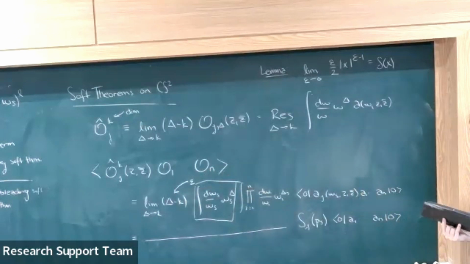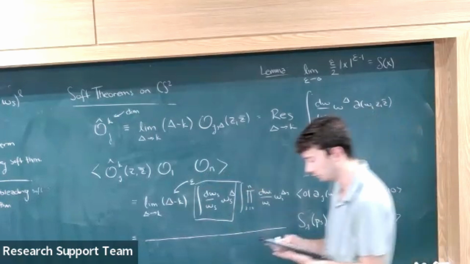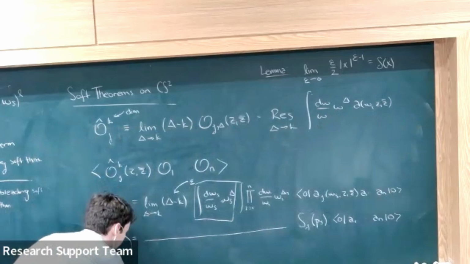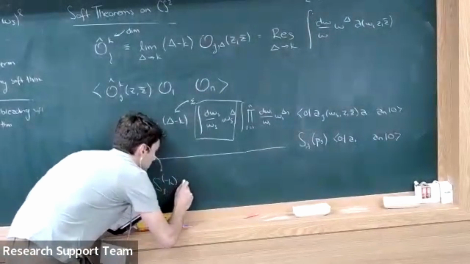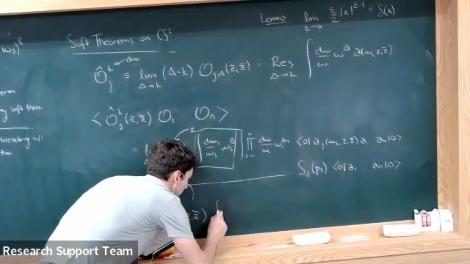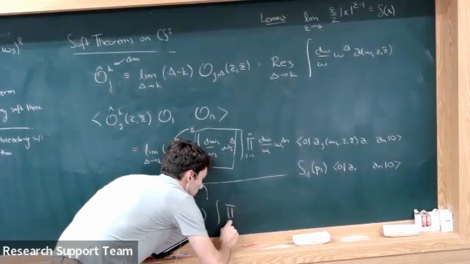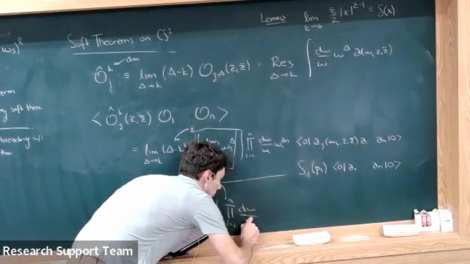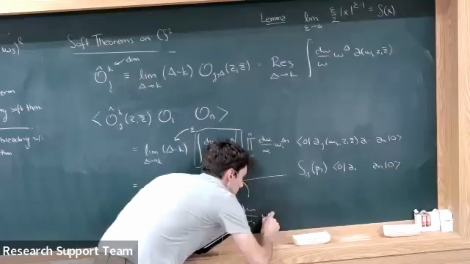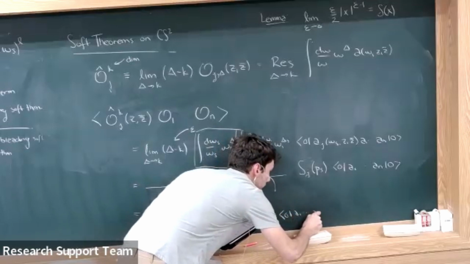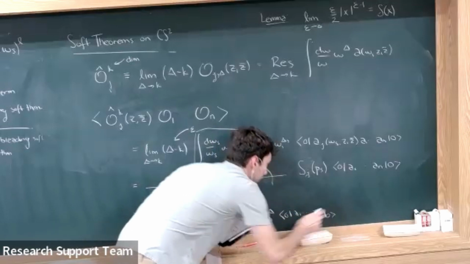Okay, so I'm not going to go through all the algebra. It's a few steps, but I don't want to do it on the board. And the upshot is that you pick up the following. Okay.